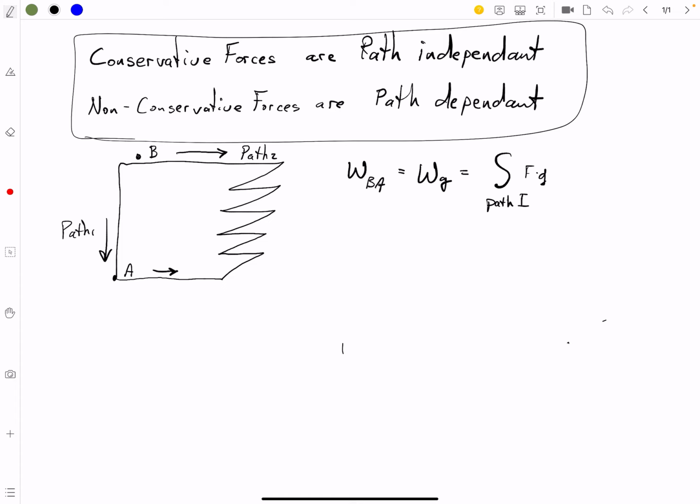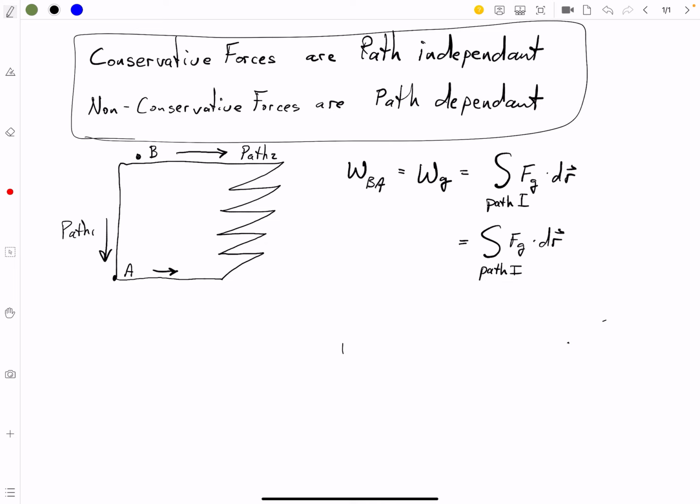Oh my gosh. I'm sorry, I'm getting tired, guys. Just hang with me here for a second. Okay, our force of gravity dot dr for path 1 has to equal path 2. Okay?